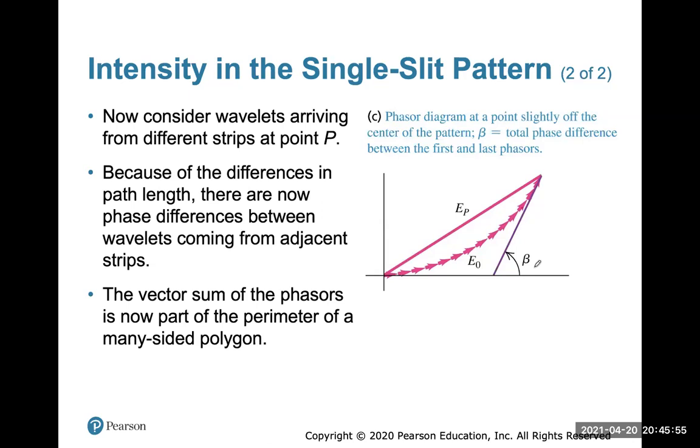Arbitrarily small and arbitrarily close together, of arbitrary count. We're talking about the limit as these arrows become infinitesimally short, and what we have is a circular arc.